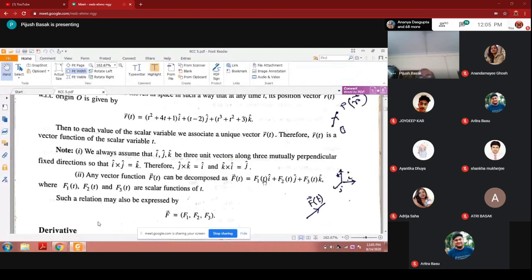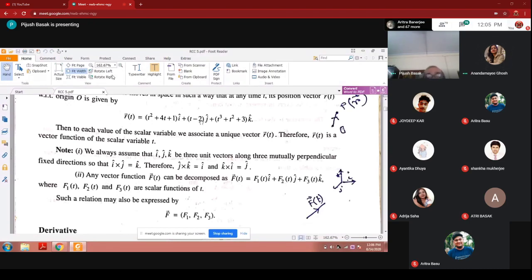So in this problem, what is f1(t)? t square plus 4t plus 1, is it not? If you just compare this vector with this vector, what will be f1? t square plus 4t plus 1. What will be f2? t minus 2.